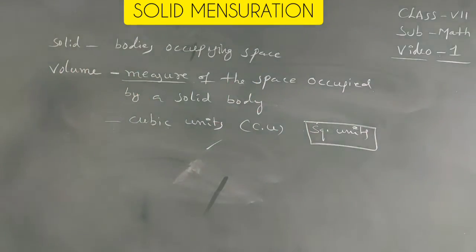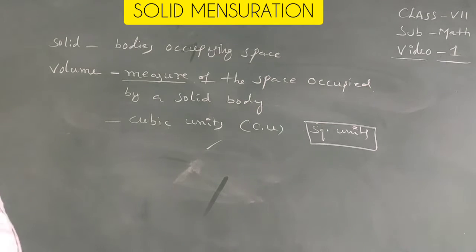In a 2-dimensional shape, that's why square units: length and breadth are 2 sides, or base and height. These things we have in 2-dimensional. In the case of a solid, we have a 3-dimensional shape. That's why we measure in cubic units.